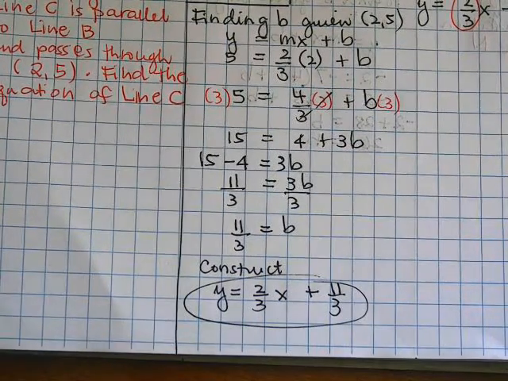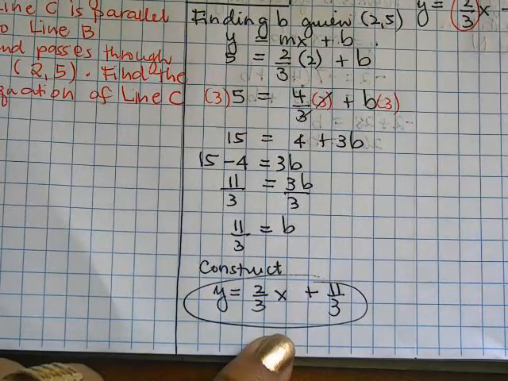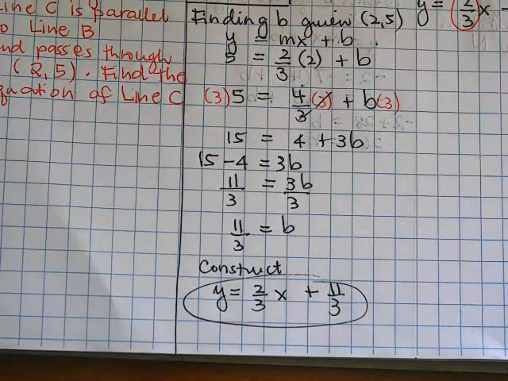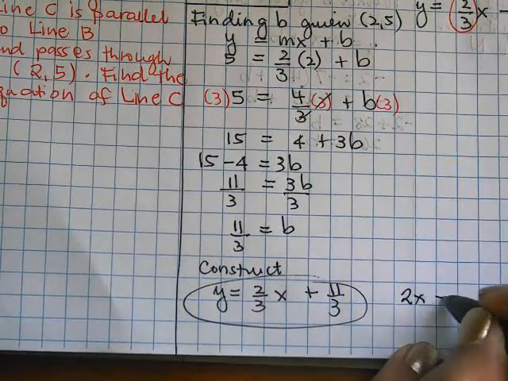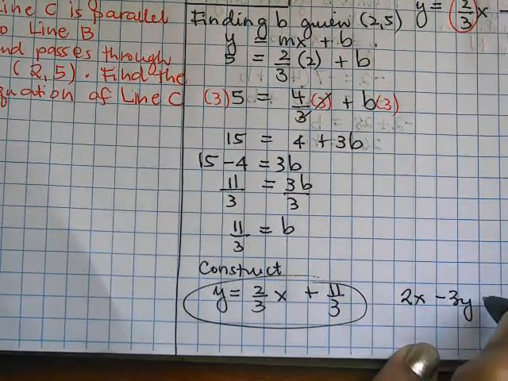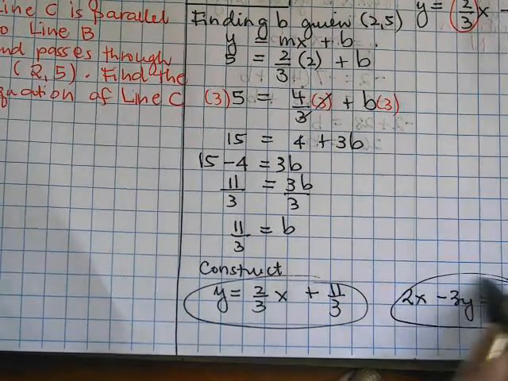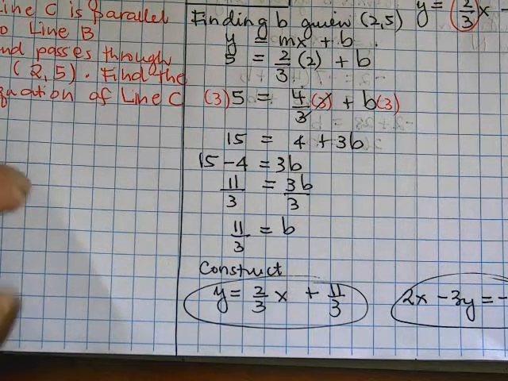Now I hope you know how to convert that. I'm just going to multiply everything by 3 and arrange them. Try to do that and you will get 2x minus 3y equals negative 11. Conversion should be something easy for you. Okay, 2x minus 3y equals negative 11.